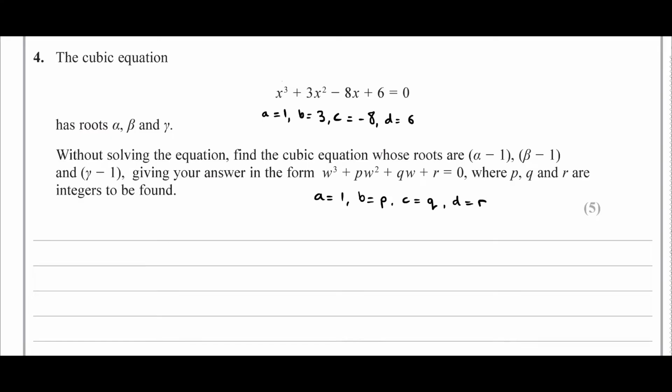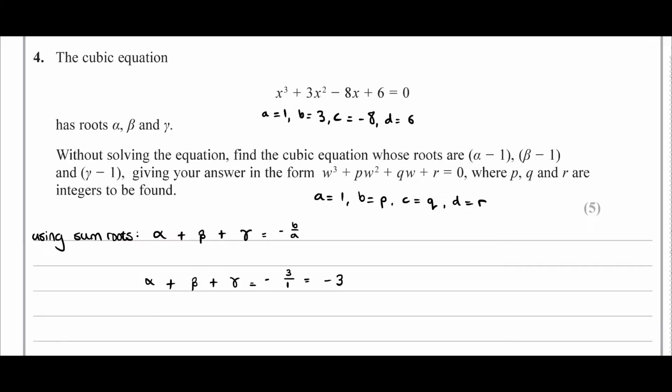Knowing that, if we consider our cubic in X, let's use the sum roots, which is obviously alpha plus beta plus gamma equals minus b over a. We have alpha plus beta plus gamma equals minus 3 over a, which is 1, so we have minus 3.